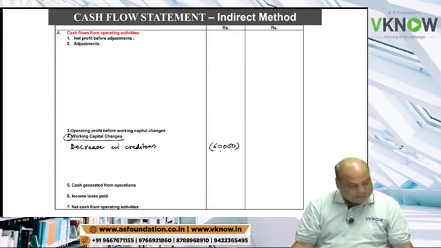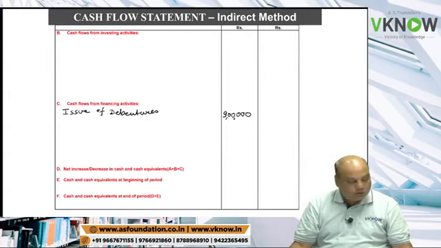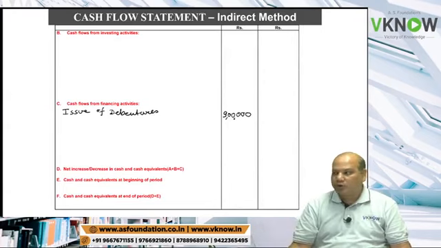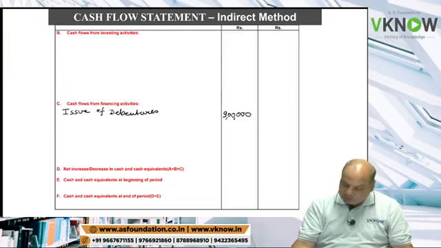Then next line, bank loan. Bank loan was taken during the year. Opening is 1 lakh 50 and closing is 3 lakh. So can I say financing activity?